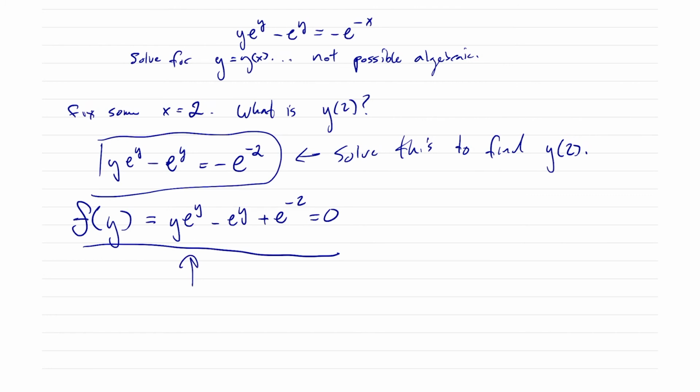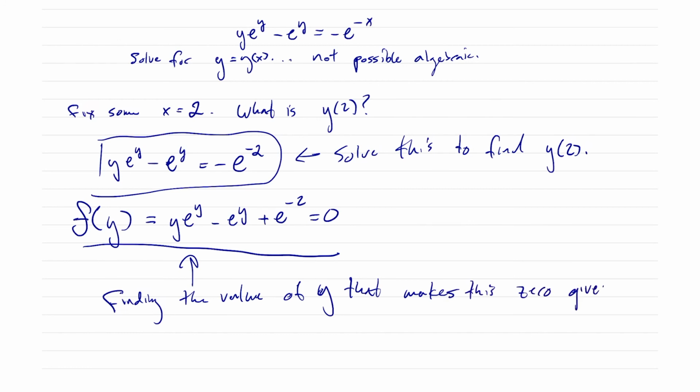And so finding the value, say, of y that makes it 0 gives us a candidate for y of 2.